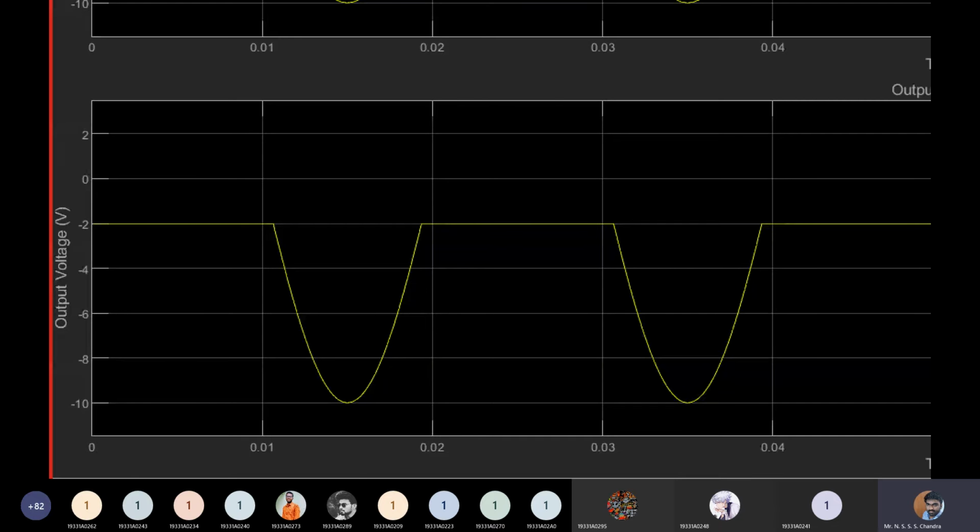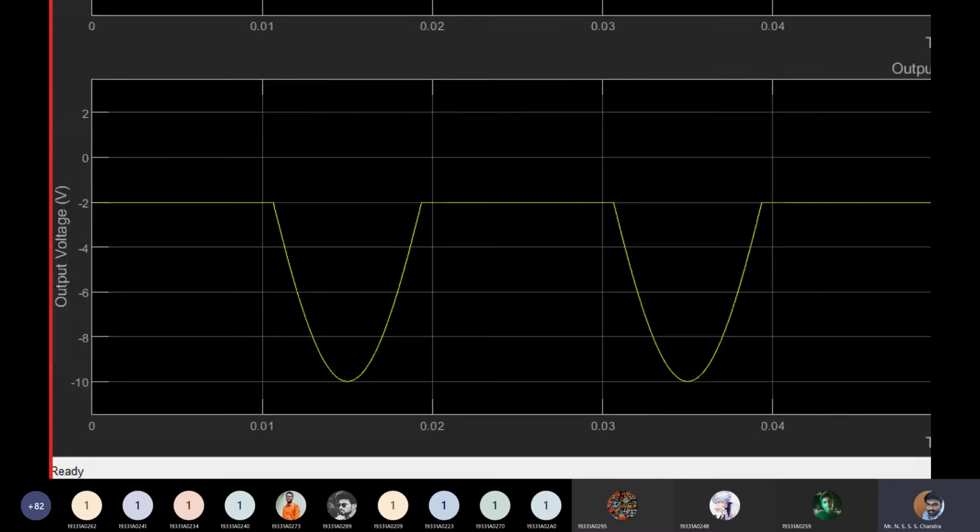Minus 2. Okay. I'm not asking about the negative peak, I'm asking about this flat voltage. So when the diode is not conducting, your voltage is equal to the negative voltage of your battery, so it is minus 2 volts.